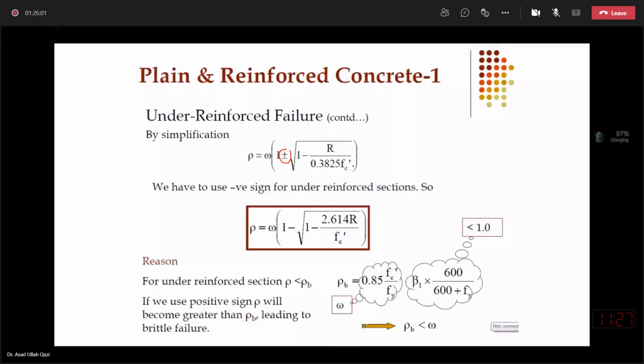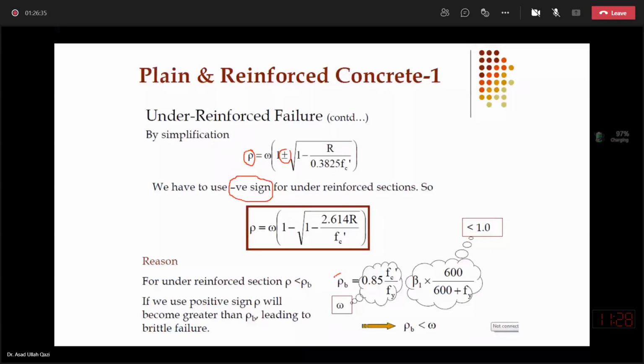Out of the two roots, we have to use the negative sign to determine that rho which will give us a tension controlled under reinforced cross section. Because if I select the positive root, I will get the rho even bigger than rho balanced, which is undesirable.